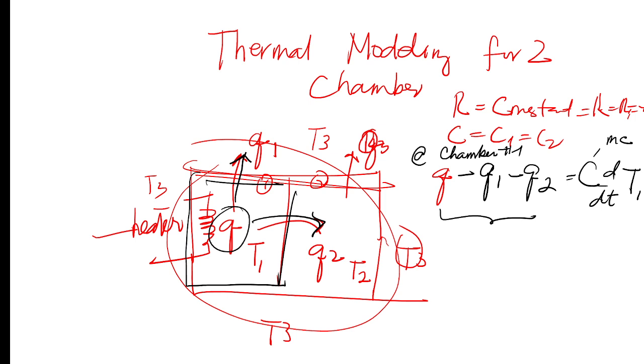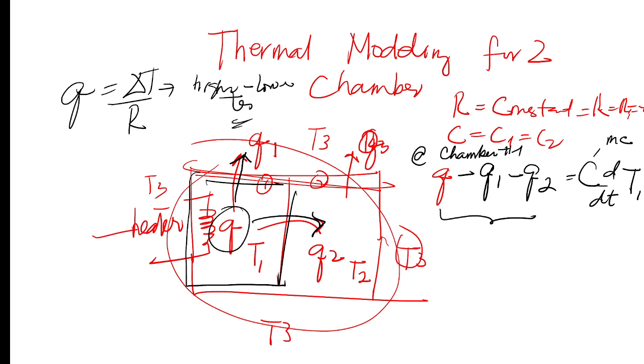Simply, we are going to use the general formula for the heat rate, delta T over R, meaning delta T is the higher minus the lower temperature.